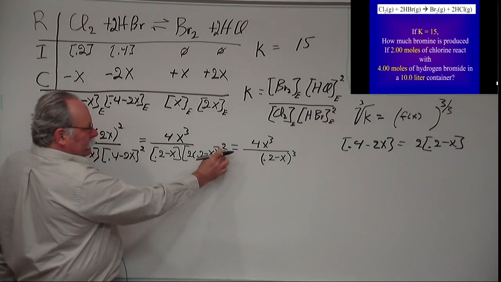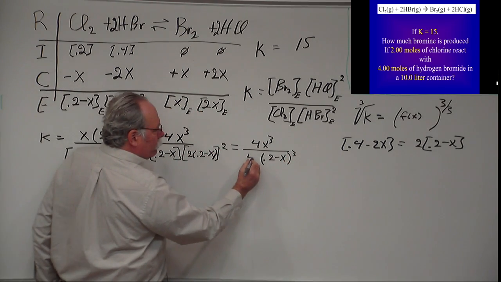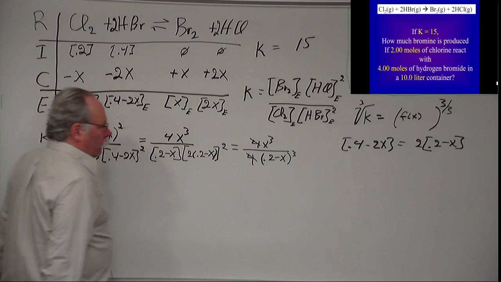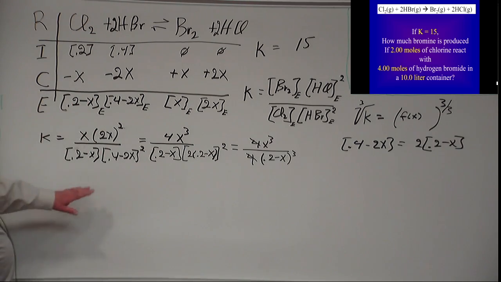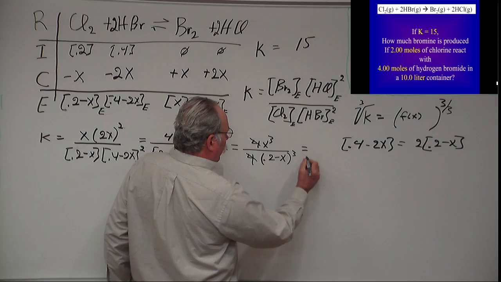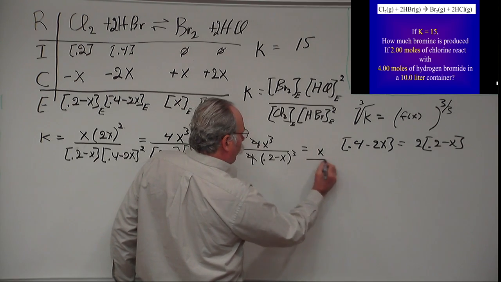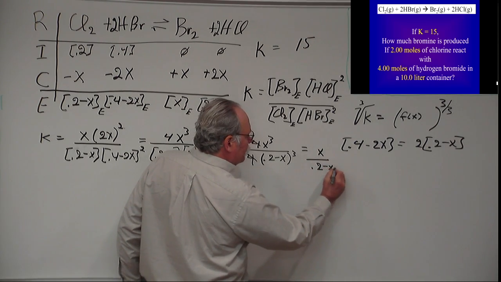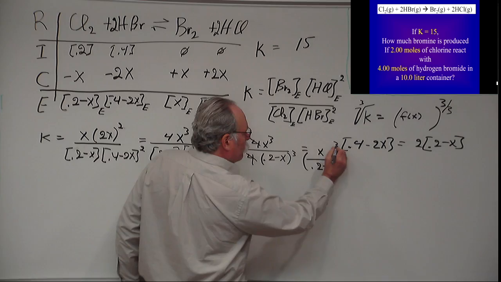And then I had the 2 squared, which was a 4. The 4 over the 4 cancels. Now I have what I was looking for. I can say that this equals x over (0.2 minus x), all cubed.